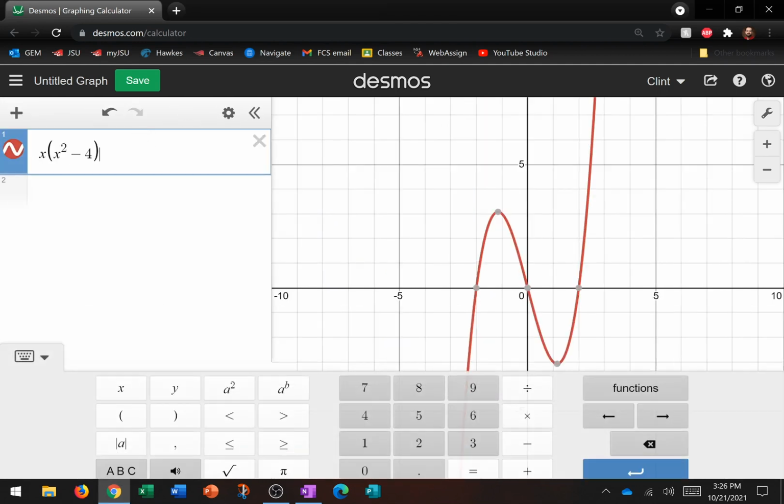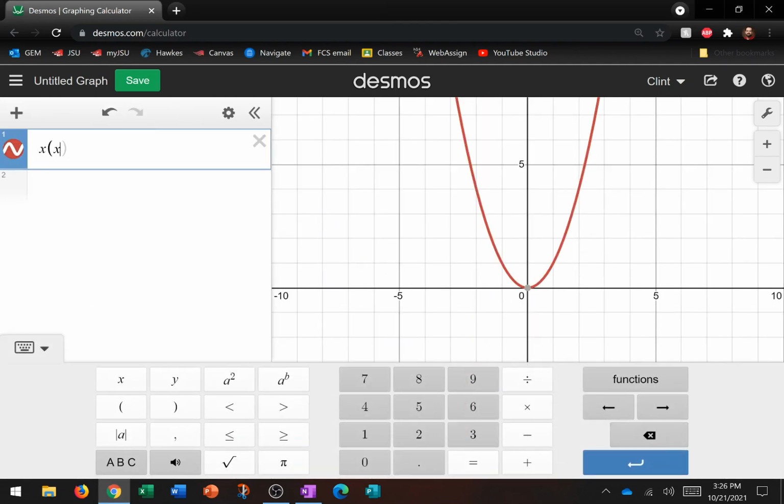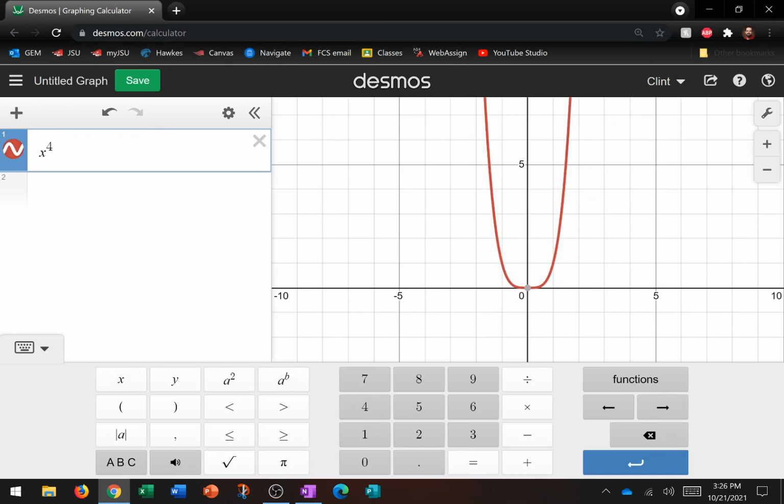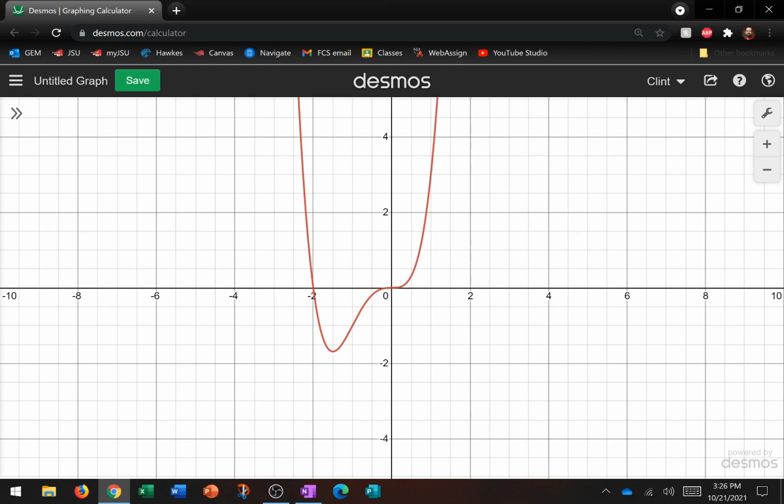So this one was x to the fourth plus 2x cubed. Not too far off. And it does have the weird little bump here at 0.